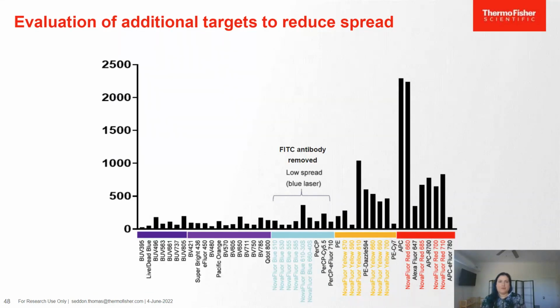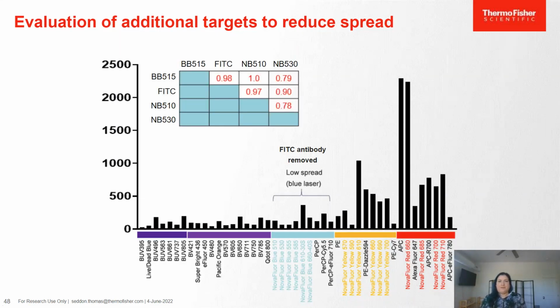And in this, I had removed the FITC antibody, and you could actually use all of these different NovaFluor dyes together in the panel. And one of the good things about having removed FITC and BB515 as compared to the previous panel is that those were the most similar of the dyes versus the others that I'm showing you here, NovaFluor Blue 510, 530, 555. So this actually helped reduce spread.